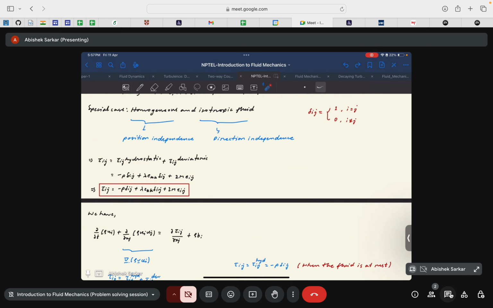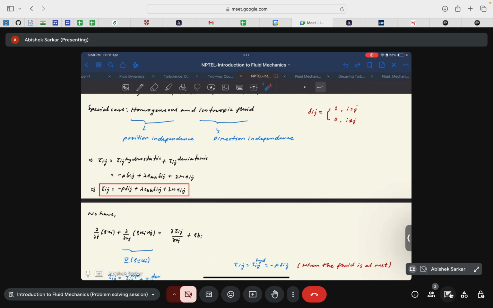This mu, you know by now, is the dynamic viscosity, which we discussed when we were discussing Newtonian and non-Newtonian fluids. But the new constant that you are dealing with for the first time is lambda.